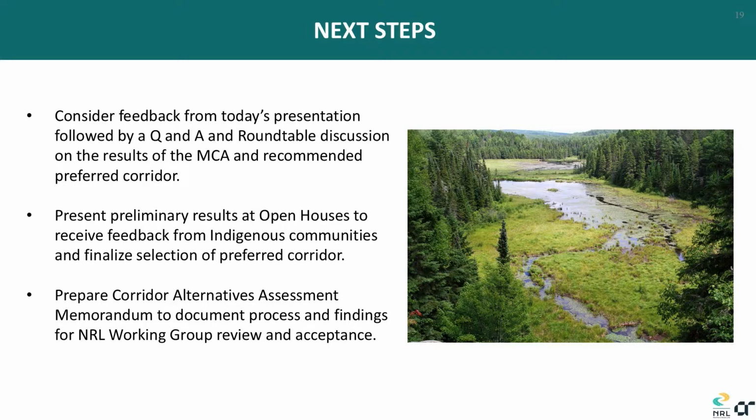And then again, the idea is to move forward with a preferred corridor, put together a memorandum to document this process and the findings associated with it, and put it to the working group for review and acceptance. So that is the process of evaluating the corridor options and the process we've gone through to identify the preferred corridor.